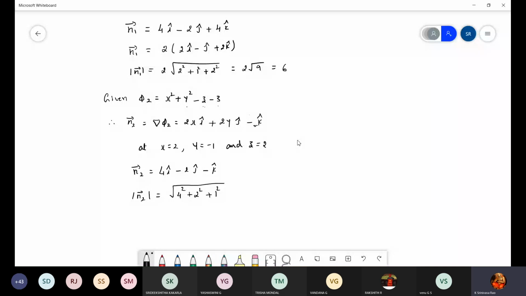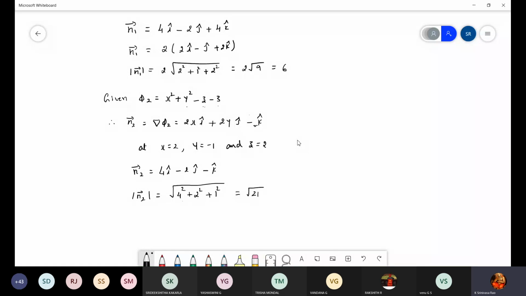When calculating magnitude inside the square root, you should not write minus, because minus 2 whole square means it is plus 2 square only. So what is the answer? 4 4s are 16, 16 plus 4 is 20, plus 1 is 21. Root of 21. So root 21 is not a perfect square. Let it be.